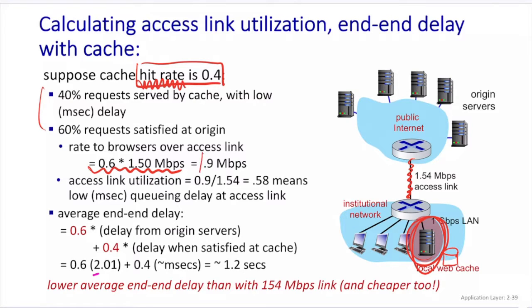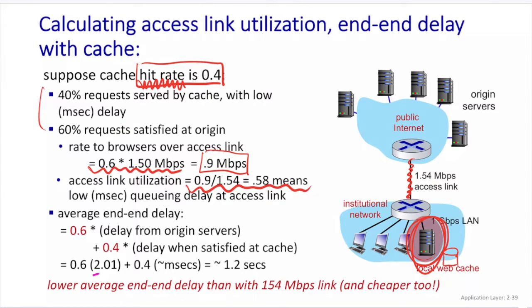So on average, only 0.9 million bits per second of traffic will go through this access link. So we can see that the utilization becomes 58%. Originally it was 97%, now it is 58%. For a 58% link, we believe the queue may not increase so dramatically.